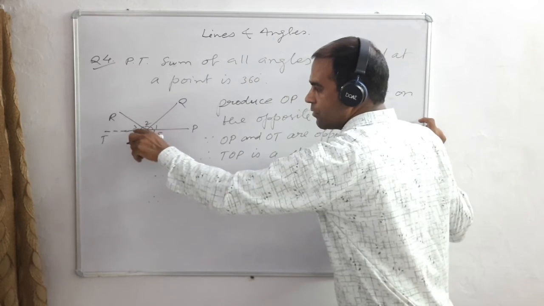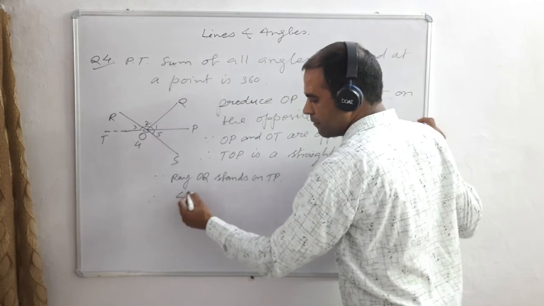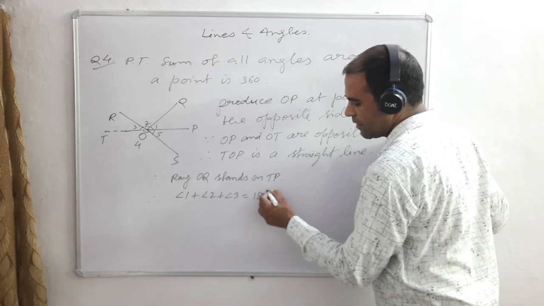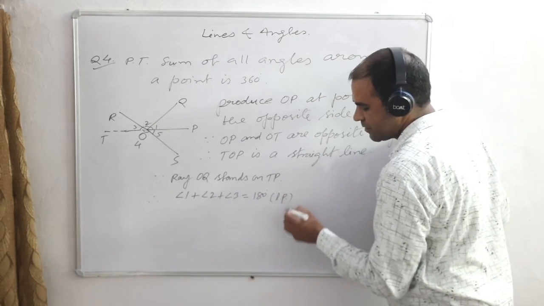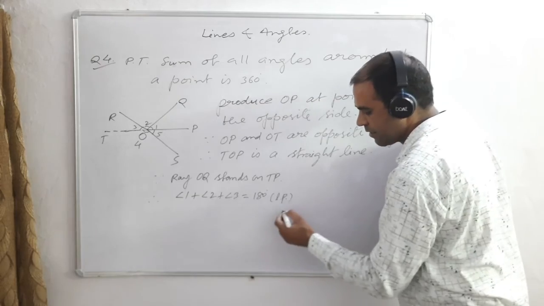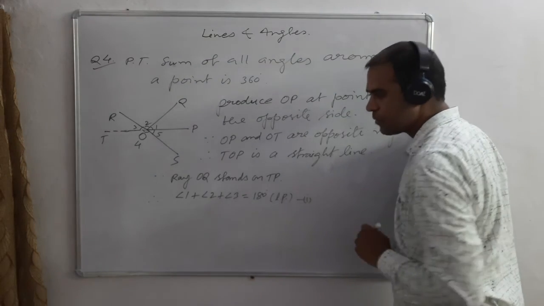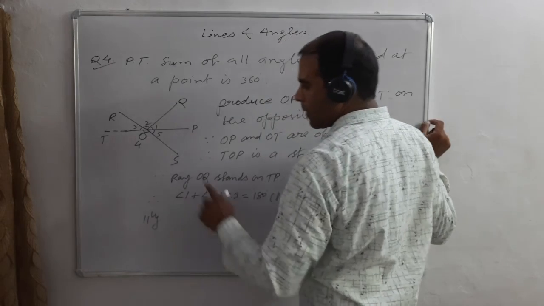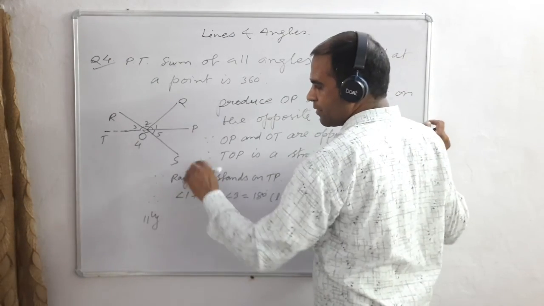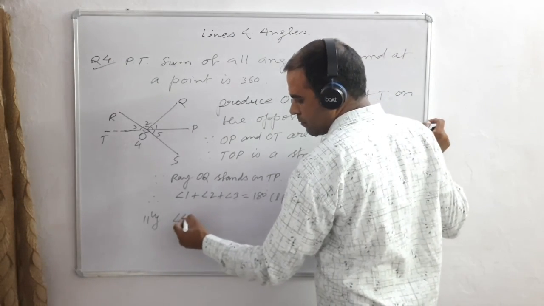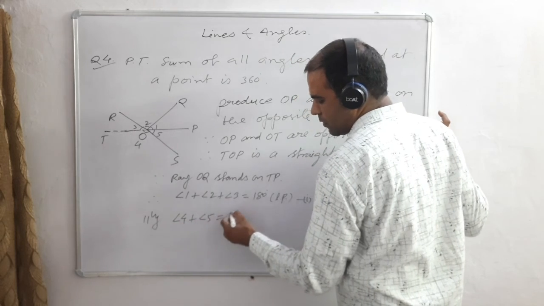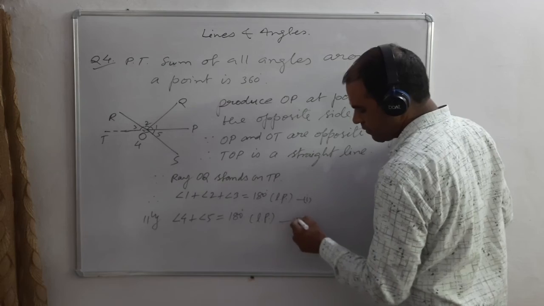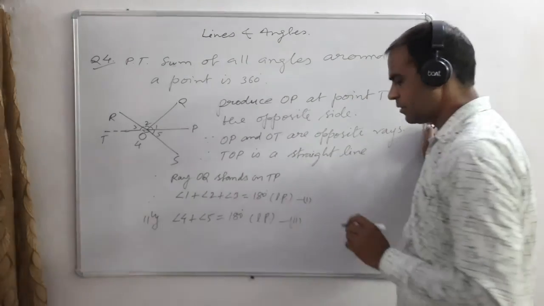Therefore angle 1 plus 2 plus 3 is 180 degrees. Its reason is linear pair. This is equation first. Similarly, angle 4 plus 5 is 180 degrees, and the same reason, linear pair, is the equation second.